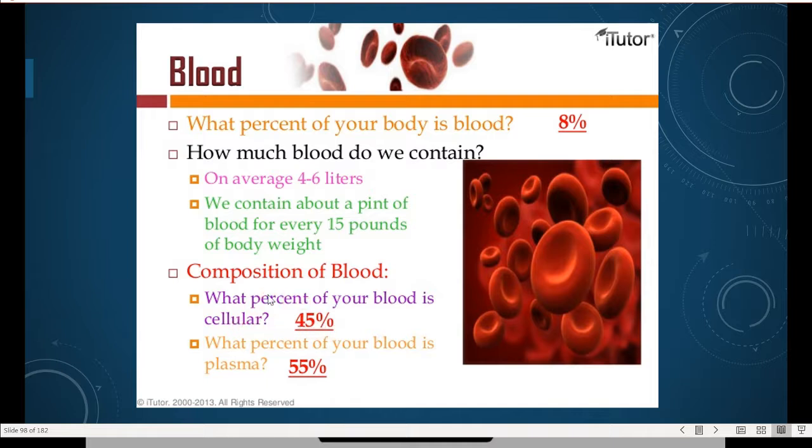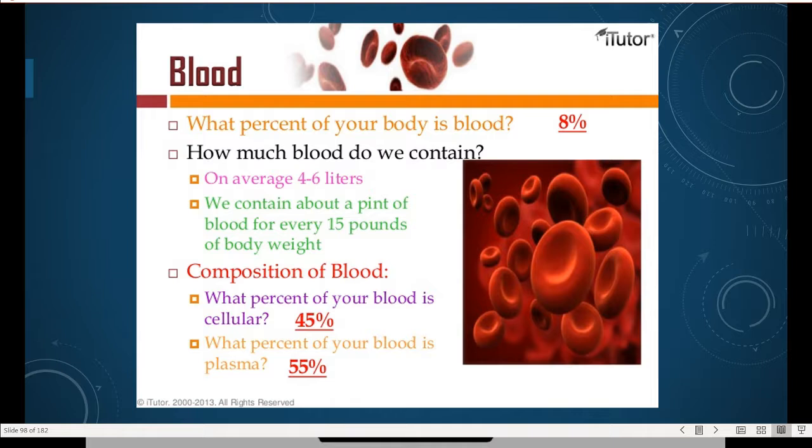The cellular part, remember, consists of the red blood cells, the white blood cells, and the platelets. And then the 55% that we have is plasma. And that's the transport portion. That's what transports that cellular piece throughout the circulatory system.